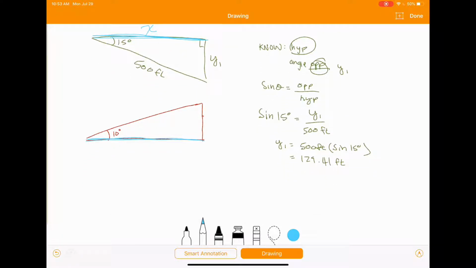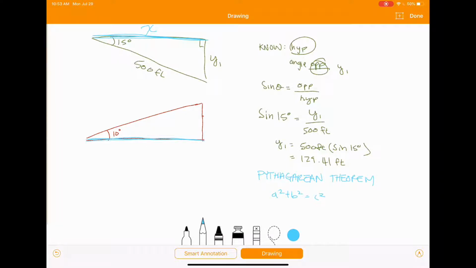So we can use Pythagorean theorem, I think that's how it's spelled, Pythagorean theorem, which says a squared plus b squared equals c squared.